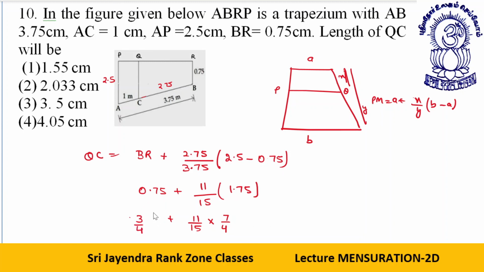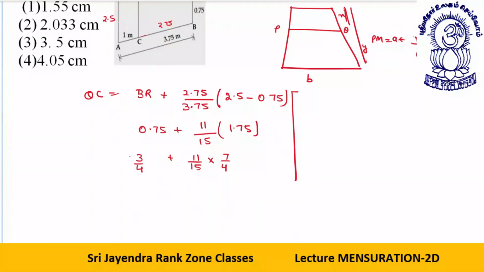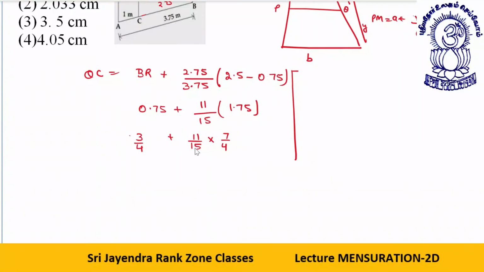So what will happen? I can further write this as, I multiply this with 15. It becomes 45 by 60 plus 77 by 60. 45 plus 77 is 122 by 60.